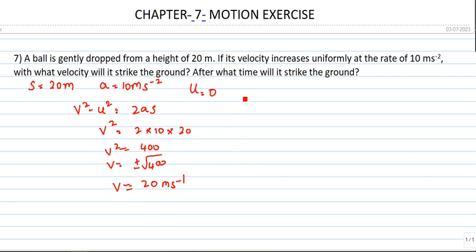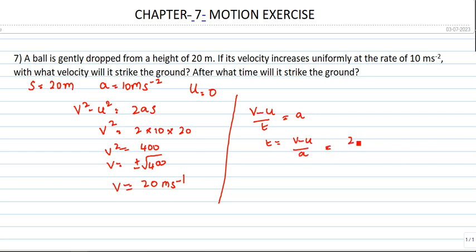So the next part of the question is we have to find t. For t, which formula will we use? (v minus u) by t is equal to a. We have to find t. So t is equal to (v minus u) by a.